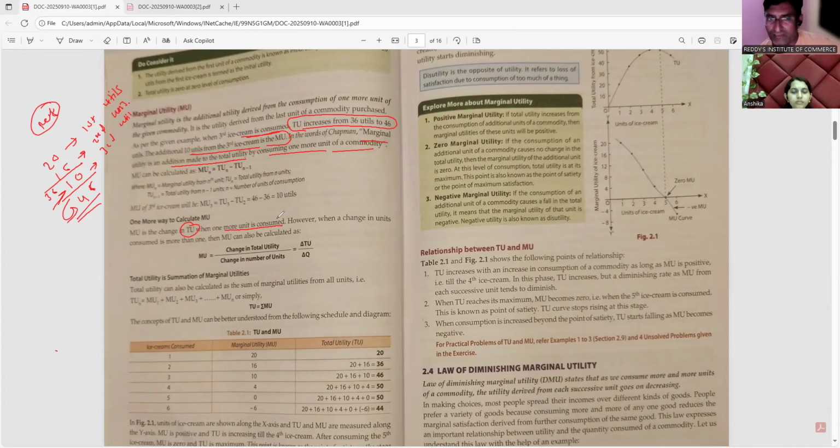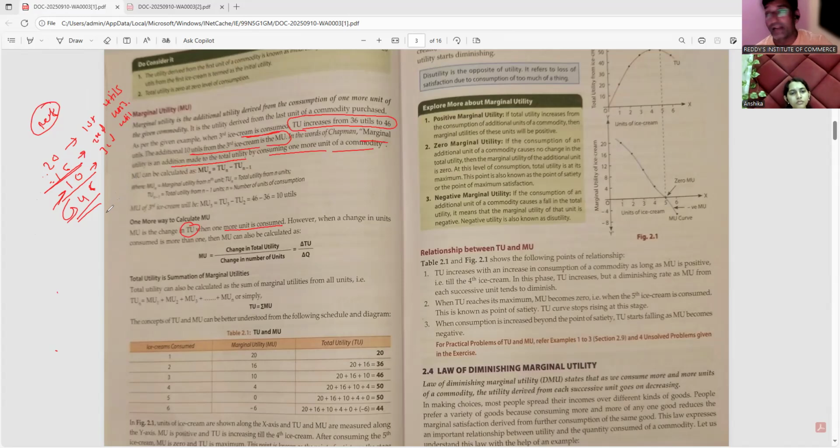In this situation, when you consume the first ice cream, you get satisfaction of 20. When you consume a second ice cream, you get 16 utils of satisfaction.